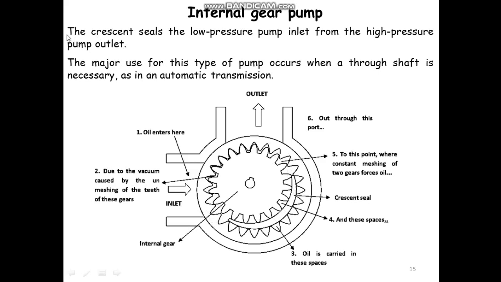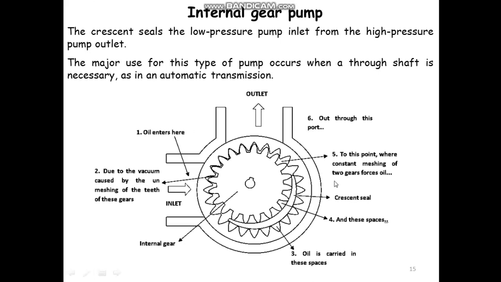As I just said, the crescent seal seals the low pressure pump inlet from the high pressure pump outlet, so that there is no chance of leakage of fluid from the higher pressure area to the lower pressure area. The major use of this type of pump occurs when a through shaft is necessary, as in the automatic transmission.